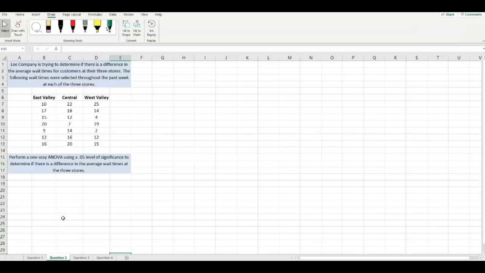That's a key here. So whenever we are working with this, we're going to have our null and our alternative again. Your null is just that the 3 different means are equal, and your alternative is that not all of the means are equal.